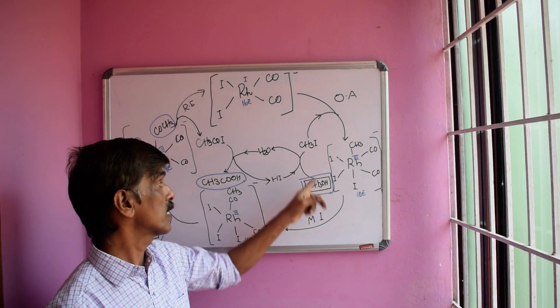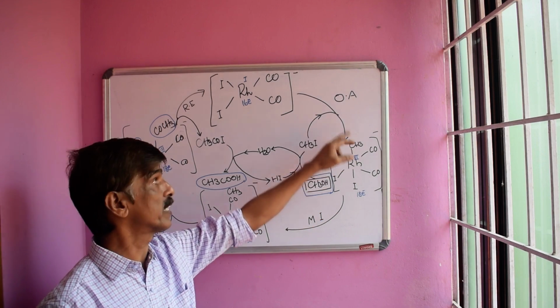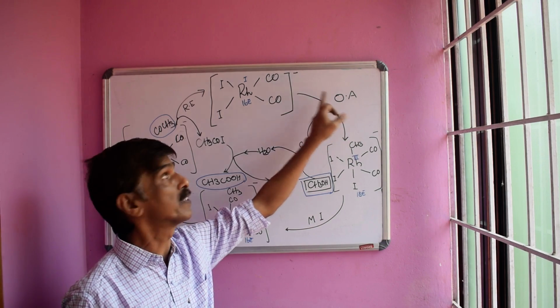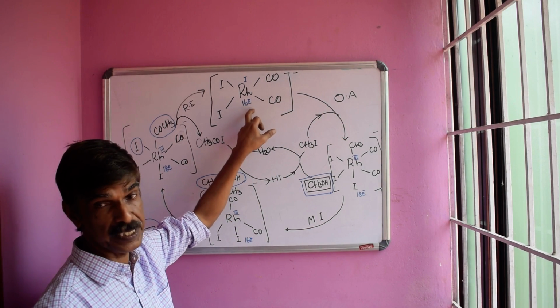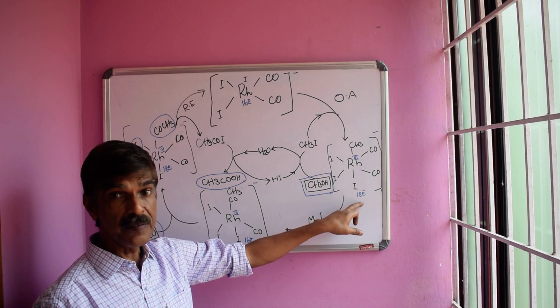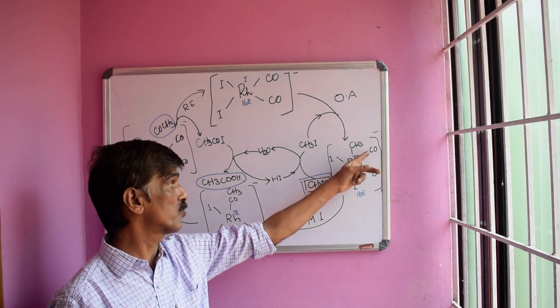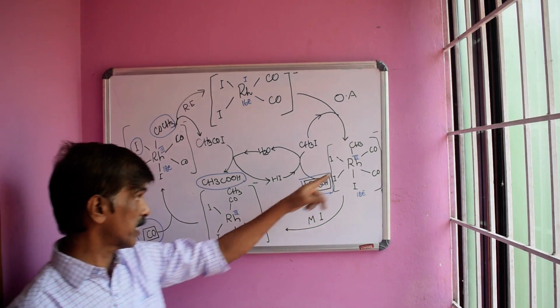This HI converts methanol into methyl iodide, and methyl iodide is involved in an oxidative addition reaction with the catalytic species, forming a cis-coordinate 18 electron species, which immediately undergoes a migratory insertion between this methyl and CO, forming COCH3, creating one vacancy.